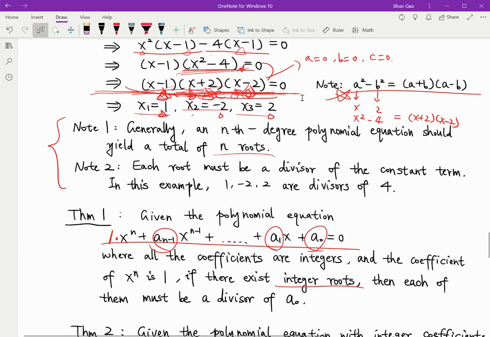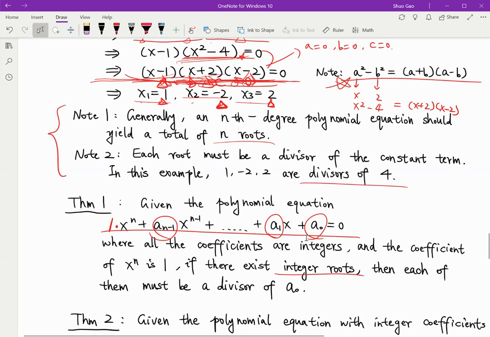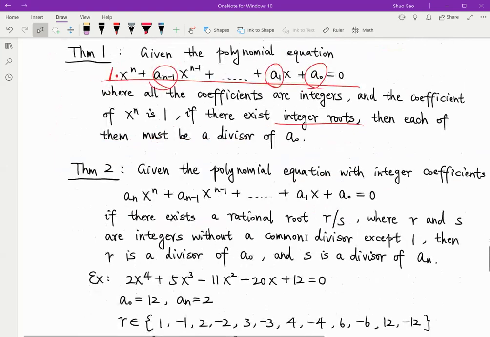But pay attention that for the divisors, you don't have to be strictly positive. For example, minus 2 is also a divisor of 4, although it is negative, but it doesn't matter when we are thinking about divisors. Both the positive 2 and negative 2 are considered to be divisors of 4. So the signs are not important here.